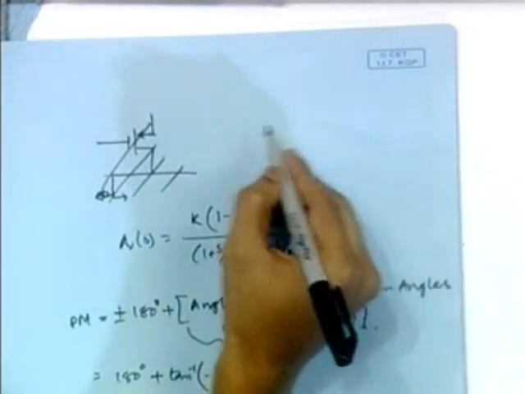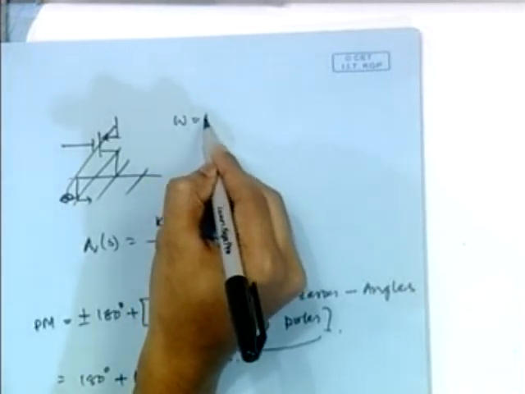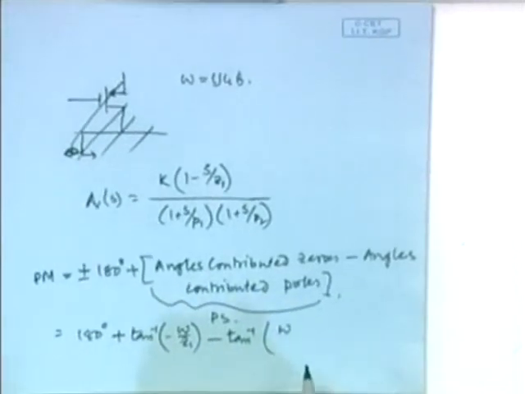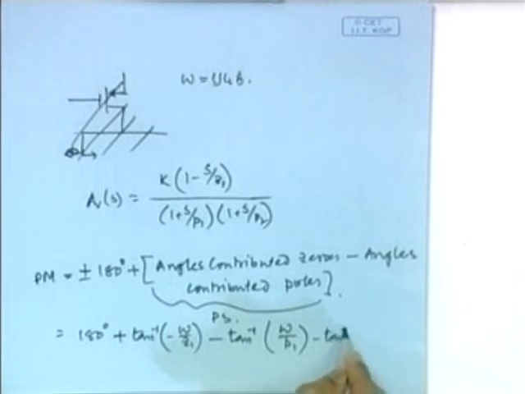I am taking omega as the unity gain bandwidth frequency, minus tan inverse omega by p1 minus tan inverse omega by p2, isn't it?